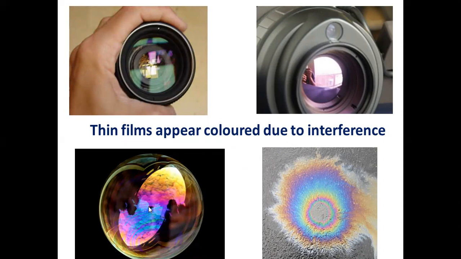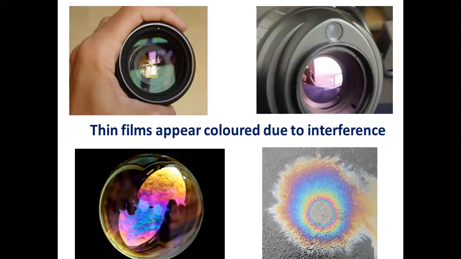Here, the two sources are produced when the sunlight enters this thin film. Some part of the light gets reflected, some part gets refracted, and the difference in the distance traveled by the reflected wave and the refracted wave is equal to the thickness of the film, isn't it? Imagine sunlight falling on this thin soap bubble.